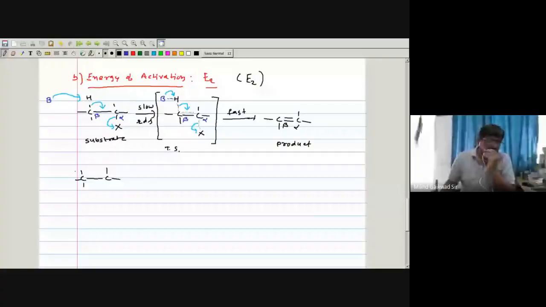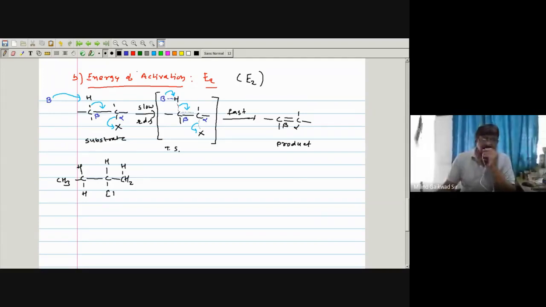Here is carbon, I will not show the transition state in detail. So suppose there is a CH3, here is a H, and here is also H, and here is your Cl, and here one more CH2. So the same example you have taken.